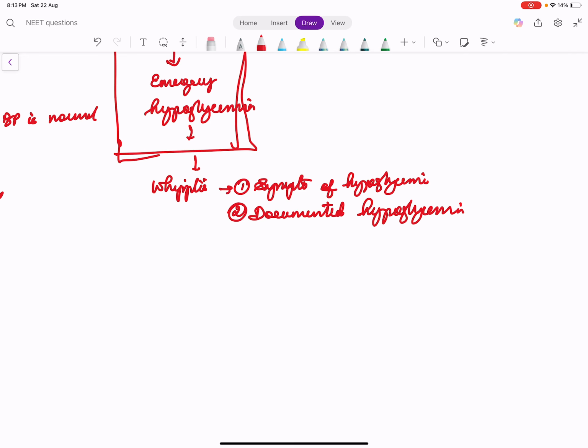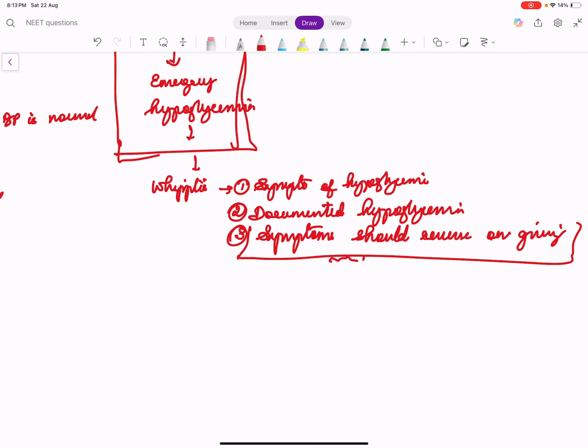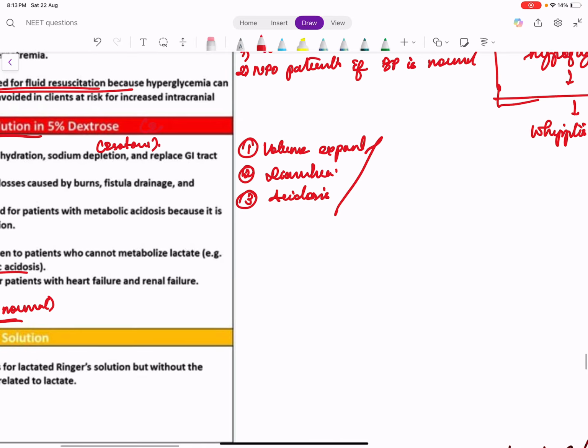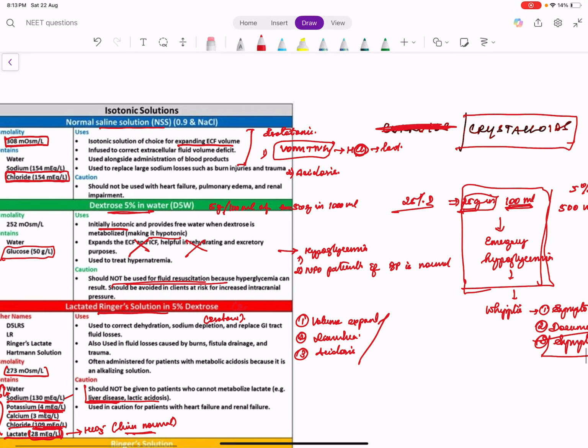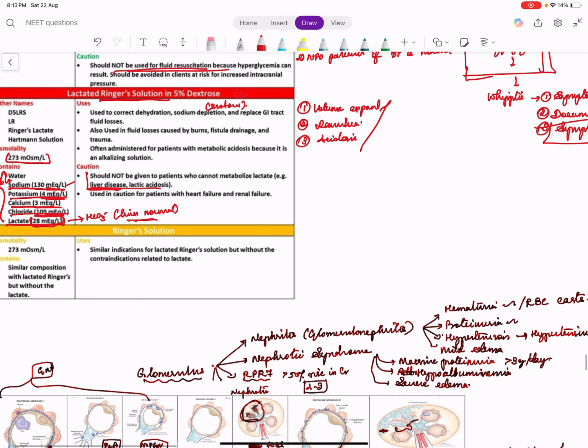Third, the symptoms should reverse on giving glucose, right? So the third point is on giving 25% dextrose. So these are the hypotonic fluids. 25% dextrose and 5% dextrose are the hypotonic fluids.